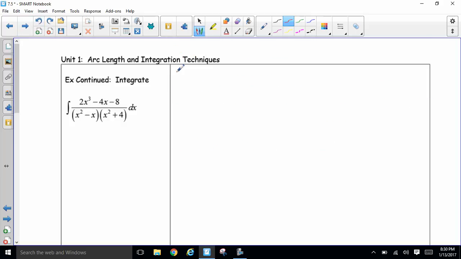So it turns out that A is equal to 2, B is equal to negative 2, C is equal to 2, and D is equal to 4. So I have now rewritten my integral.